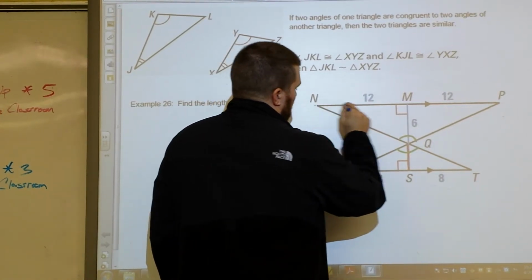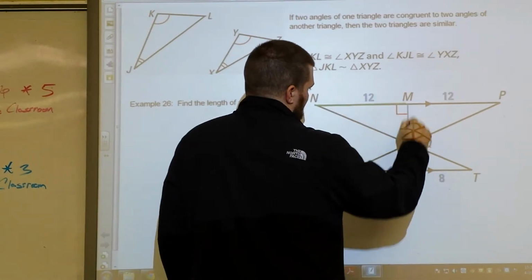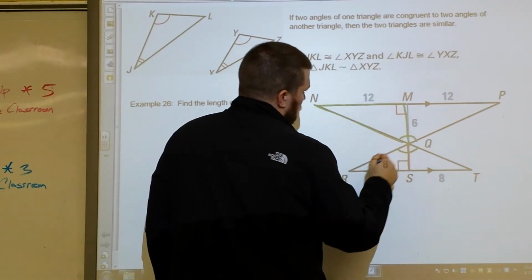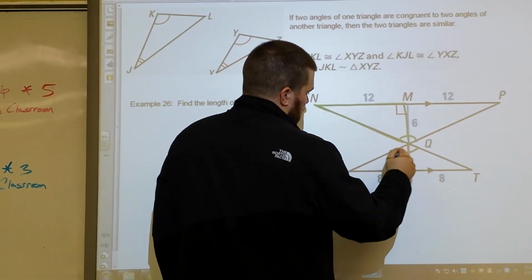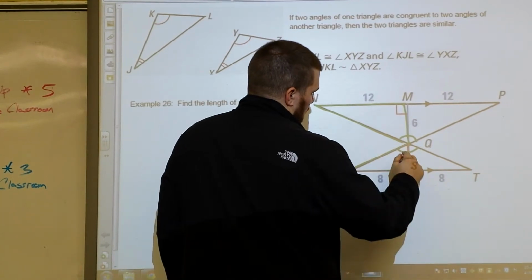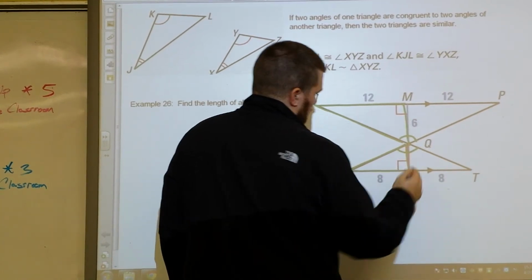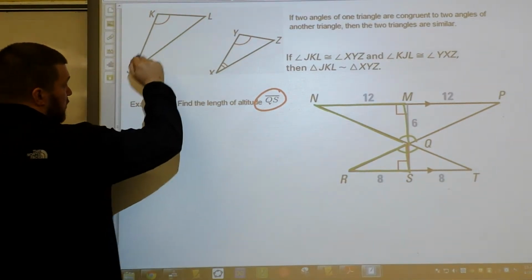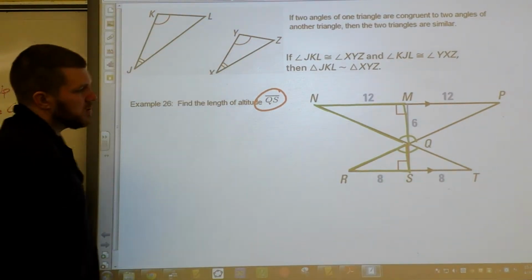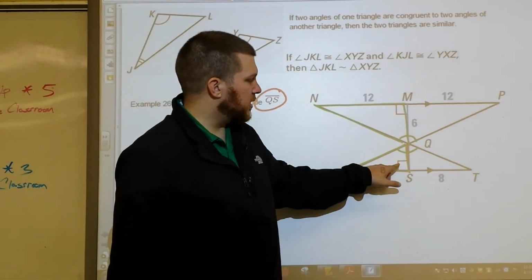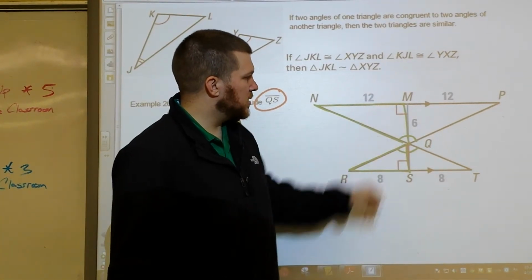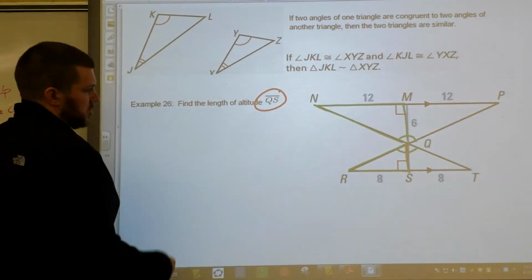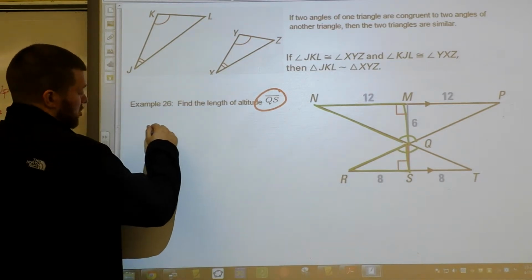So triangle NMQ should be similar to triangle RSQ. Based on what we said, if we know two angles are congruent, the right angles are obviously congruent, and then these two angles are congruent, then the two triangles should be similar.